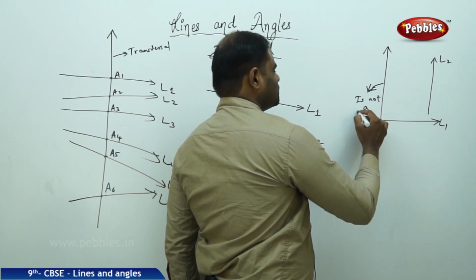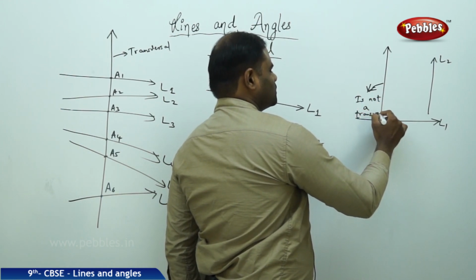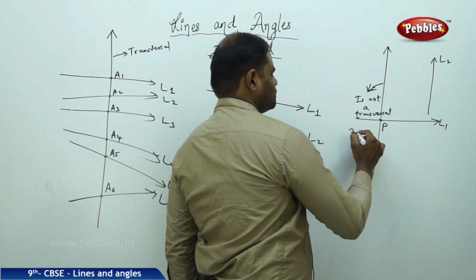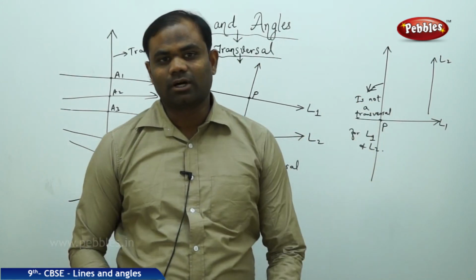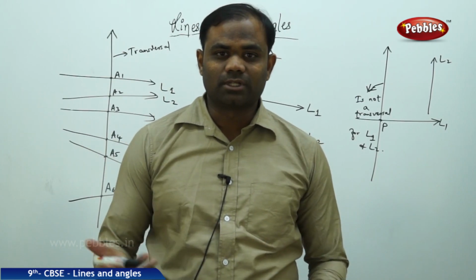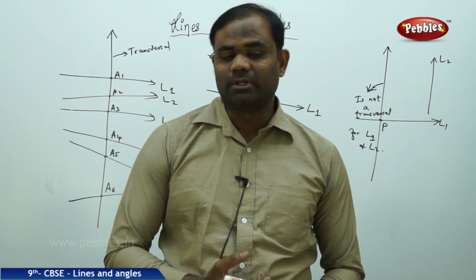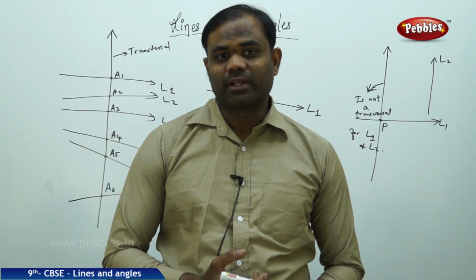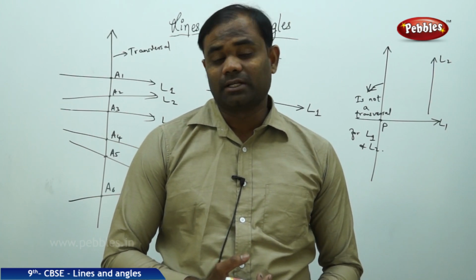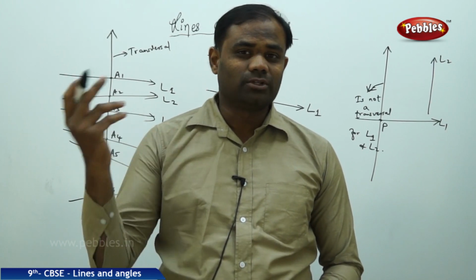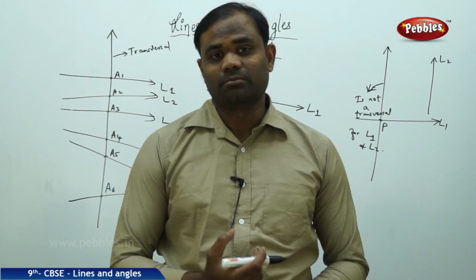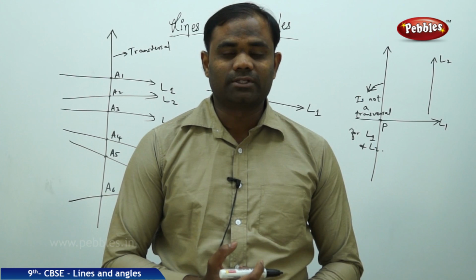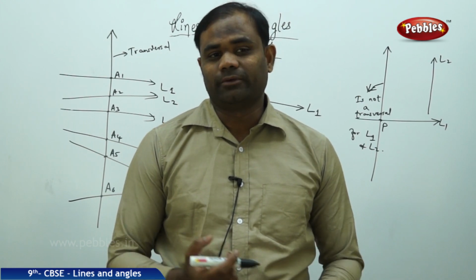It is not a transversal for L1 and L2. This is how we understand the transversal property in mathematical terms. A transversal is a line which cuts two or more lines at distinct points. This is how we understand transversal in geometry.